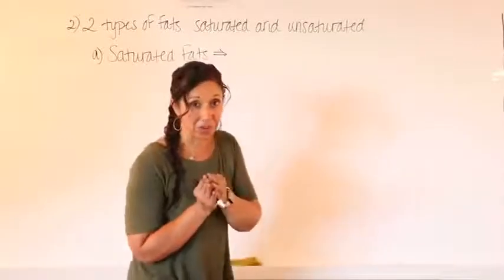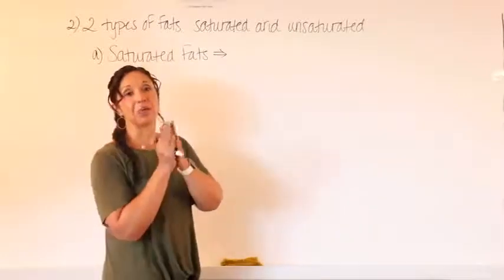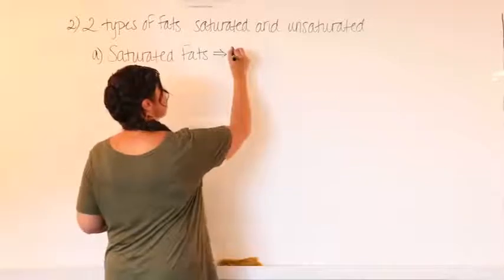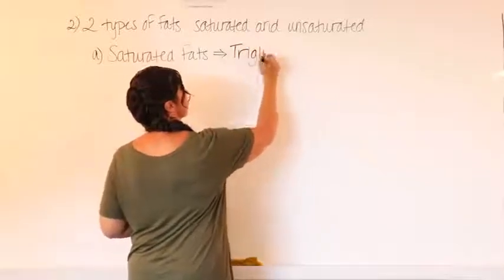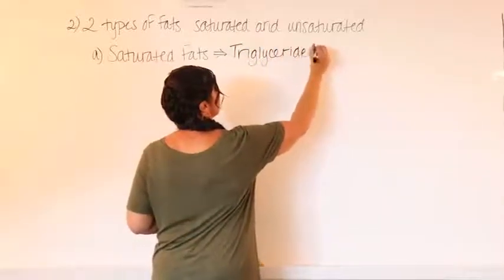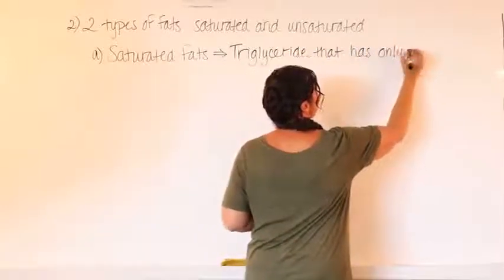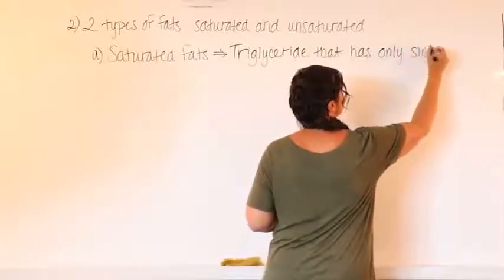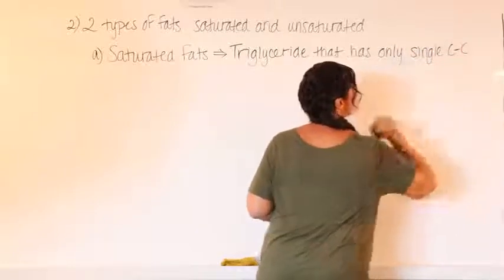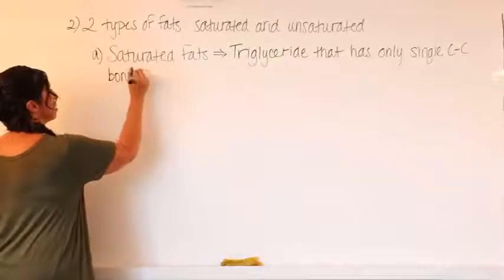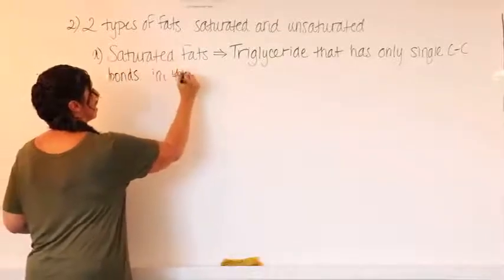And that's huge because that goes to the structure, which ultimately leads to the function again. So a saturated fat is a triglyceride that has only single bond carbons. Single carbon-carbon bonds, if you will, in the fatty acid chains.